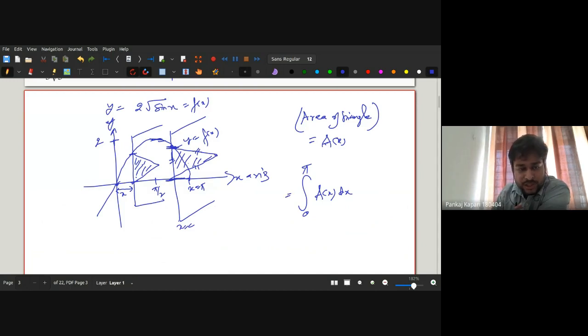Okay, so the solid is given. The solid has its base like this, bounded by the x-axis and your curve. Whenever you take a slice of your solid, we are taking it via a plane which is perpendicular to the x-axis. We are cutting your solid across the x-axis by this plane, and we are getting an equilateral triangle. Now we are adding the areas of all these equilateral triangles.